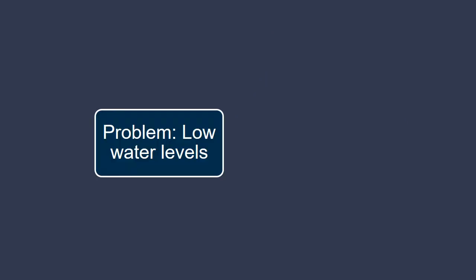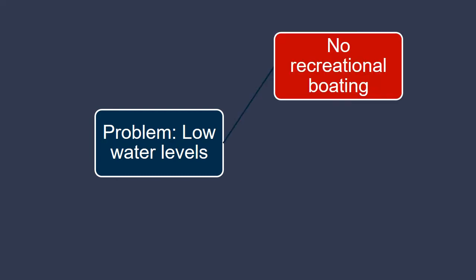So in one of our example papers, we looked at the problem of low water levels in a lake. And in that paper, the author identified 3 negative impacts of low water levels. How is it that low water levels make life bad for people? One of them was that there was no recreational boating allowed in the lake because the water levels were too low.